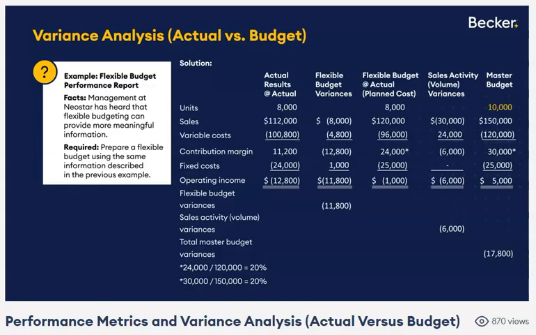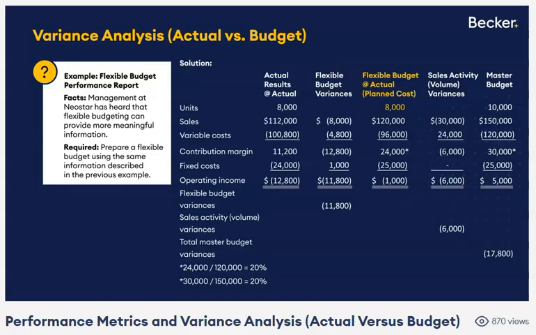It corrects for the volume variance, the difference in the budgeted sales of 10,000 units versus the actual sales of 8,000. So what we want to do when we create the flexible budget is take the per unit amounts, 15, 12, and 3 from the master budget, and create a flexible budget based upon the actual volume of 8,000.